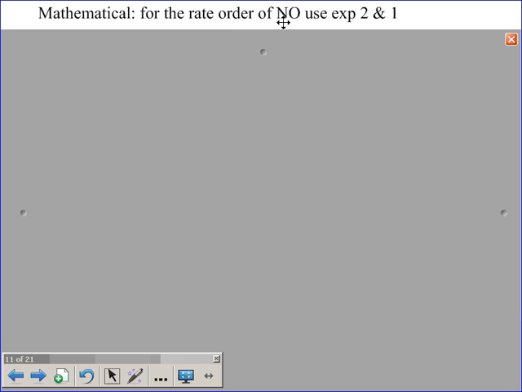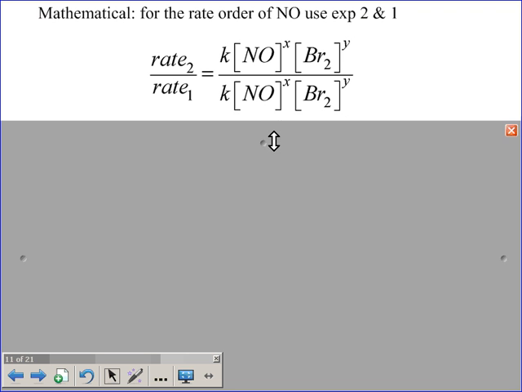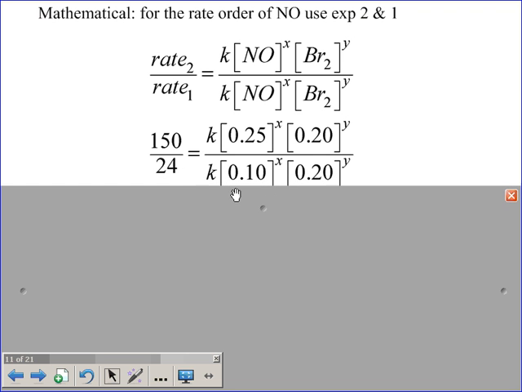So to find the rate order for NO, we'll use experiments 2 and 1. Again, because I always like to have a larger number on top so that I get a positive number out of it all. Now, it is still true that we can cancel out this term, and that's important.